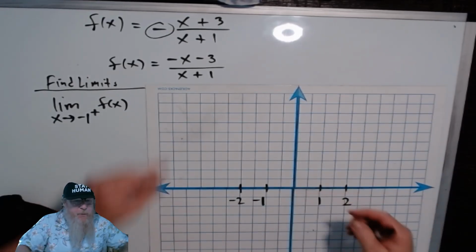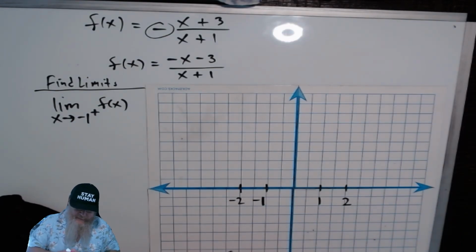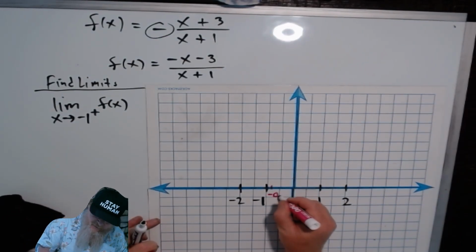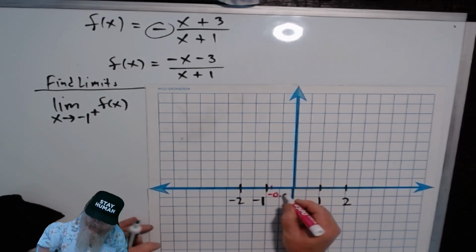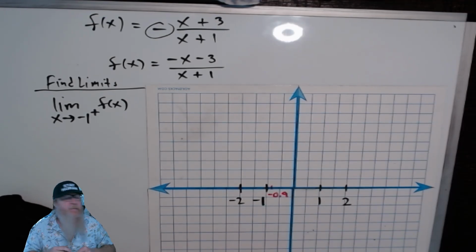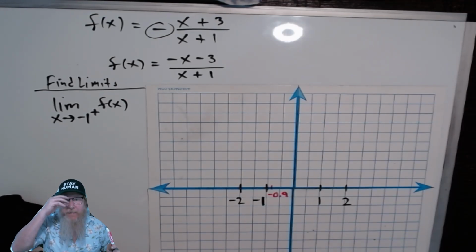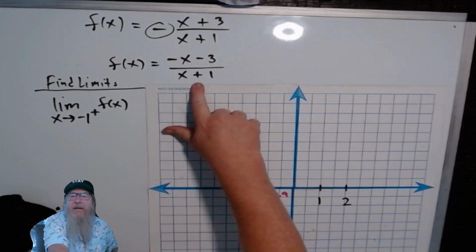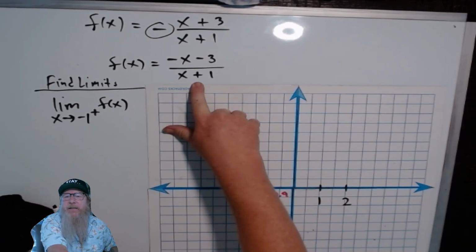All right, so as I approach it from the right, I've got something like negative 0.9. I really only need one test point. I can't actually plug in negative 1 because that would cause division by 0.